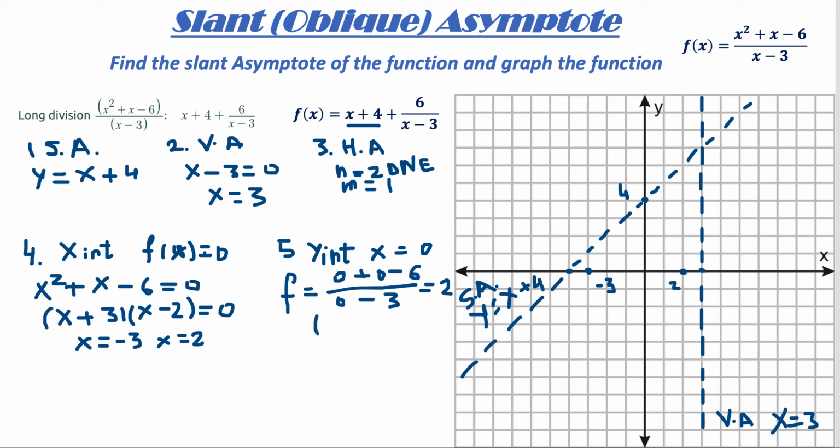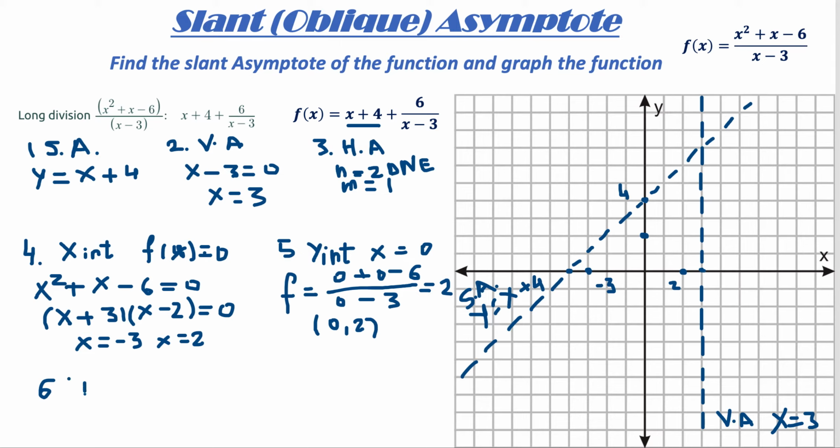So the y-intercept here is (0, 2). So here is 2, and 2 has to be here somewhere.